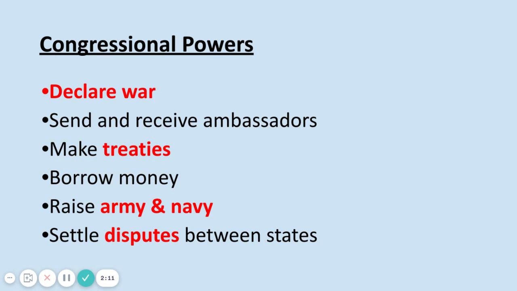They could borrow money, which we did from France until France ran dry from their revolution. They had the ability to raise an army and a navy. The problem there, though, was having difficulty paying the army and navy. And they had the ability to settle disputes between the states if needed.